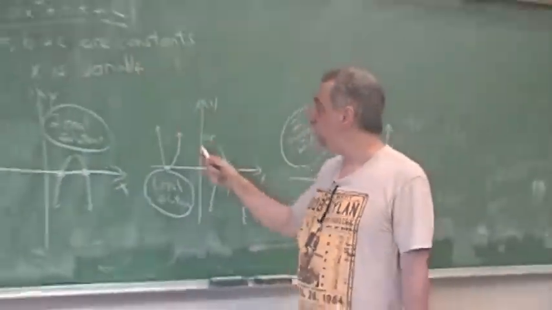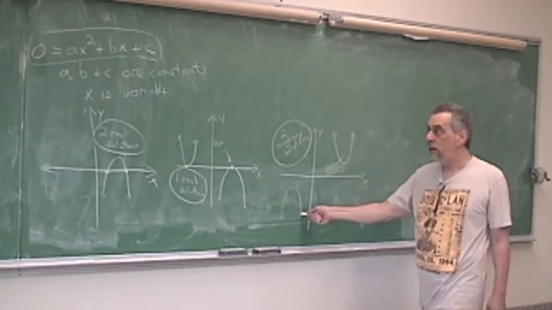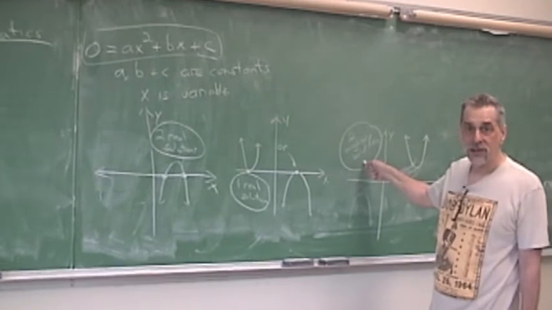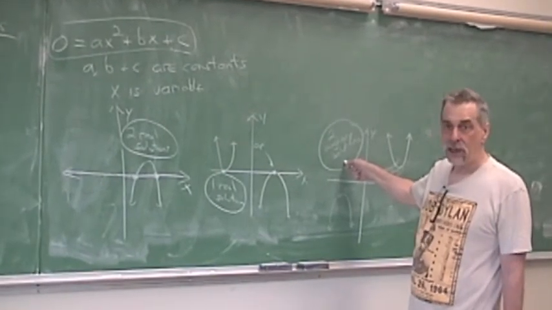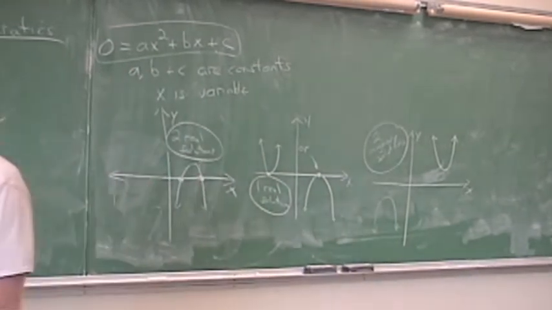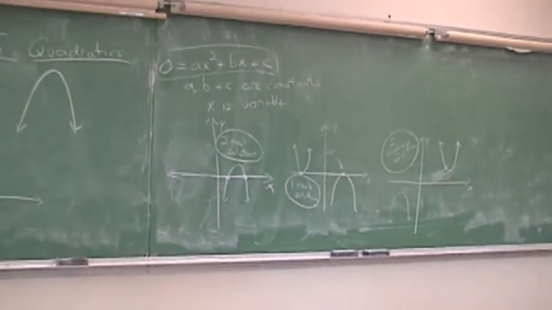We try to solve this for a parabola that doesn't have any x-intercepts, either this one or this one. We're going to get imaginary solutions, solutions that involve I, what we talked about in section 1.4, I believe it was.